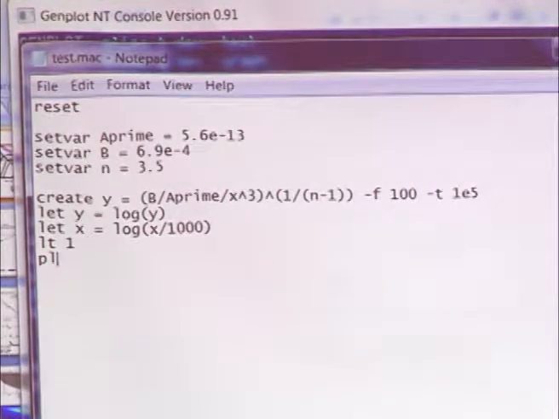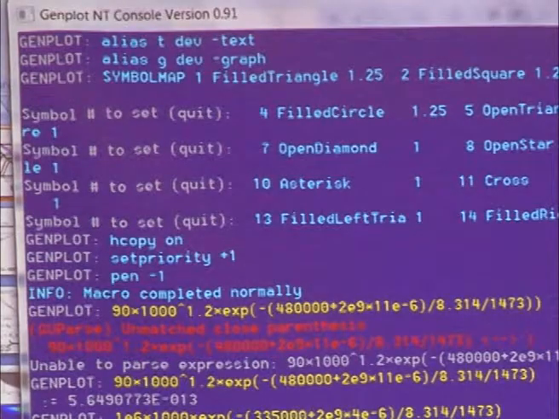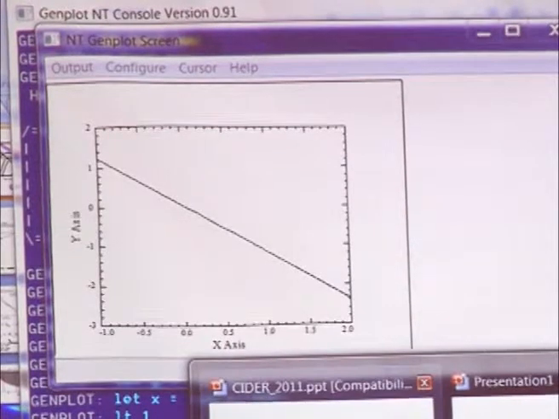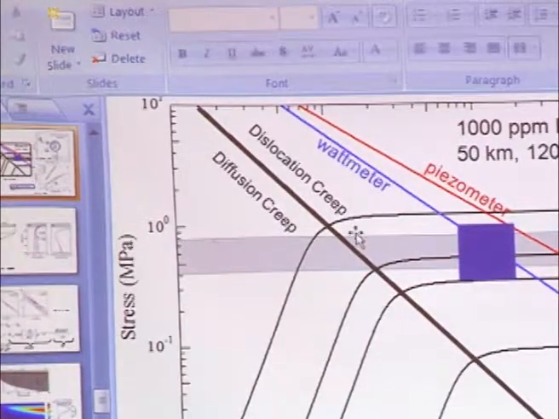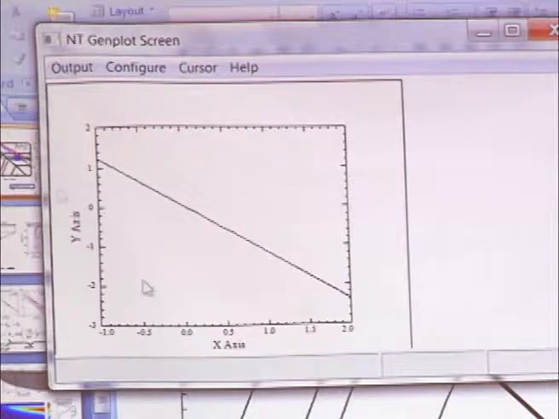So who's going to win the race? Has anyone done it? You got it? All right. Hey, I got it right. Unbelievable.